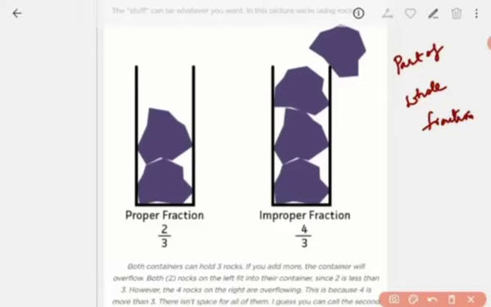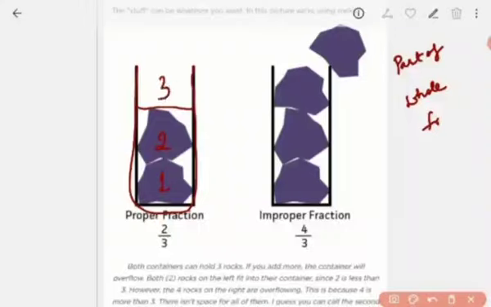So we were at this particular scenario, in which you can see this is a container, right? In this you can put any stuff. Here we are using rocks, so two rocks are placed in this first figure. So the capacity of this container is how many? 3 rocks.